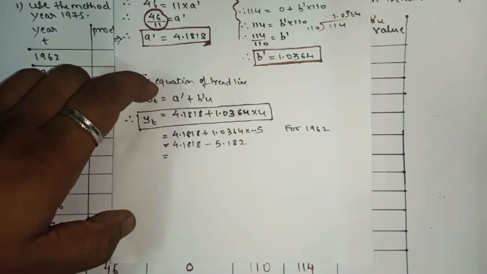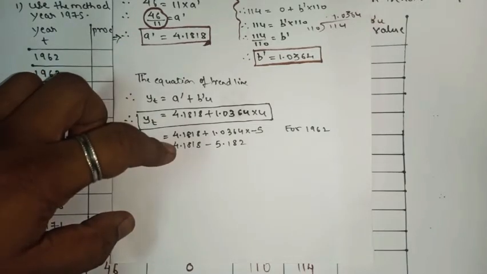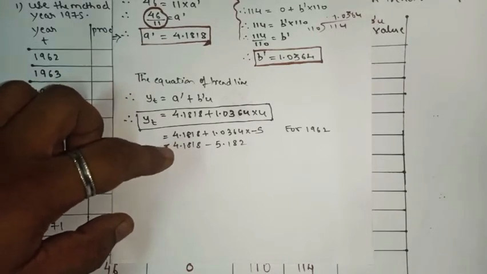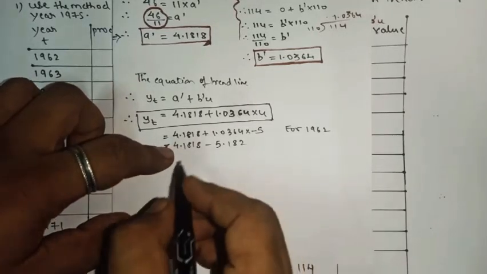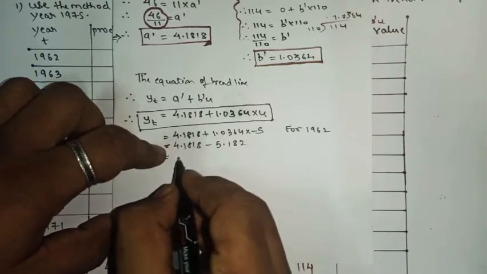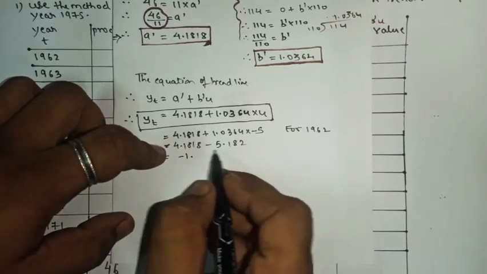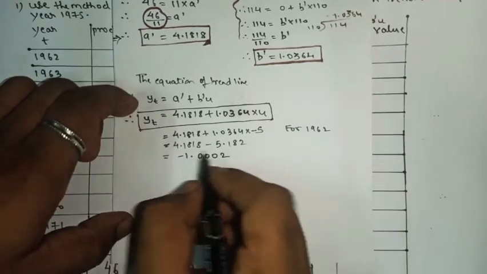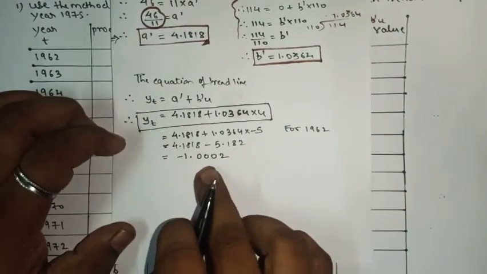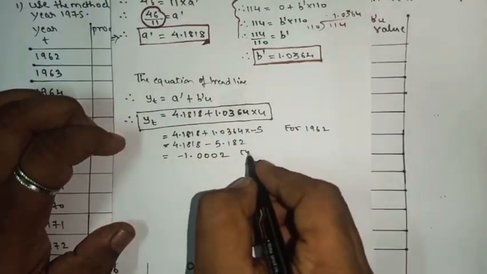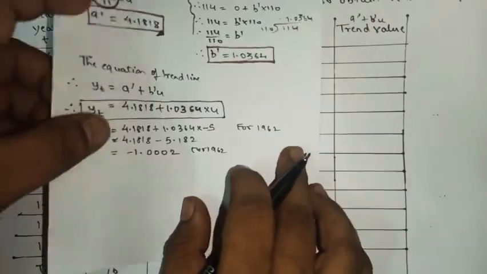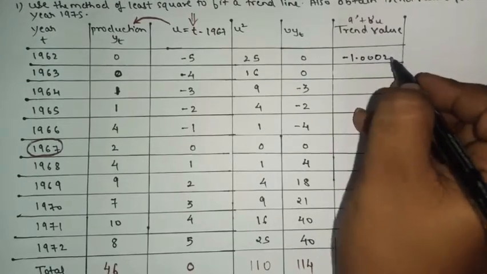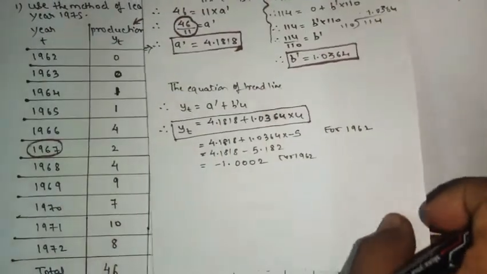After that we have to subtract with what? 4.1818. So when you will subtract, 4 minus 5. Listen here, 4 minus 5 is what? Minus 1. So when you will solve this part, this will be 0.0002. Check and you will get the same answer. So here we got the trend value for the year 1962. Here you will write the answer minus 1.0002, using the same formula.